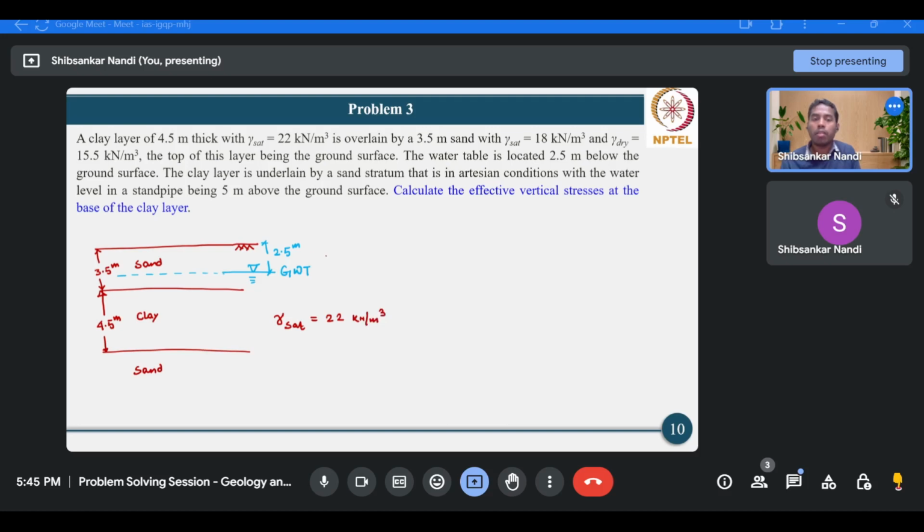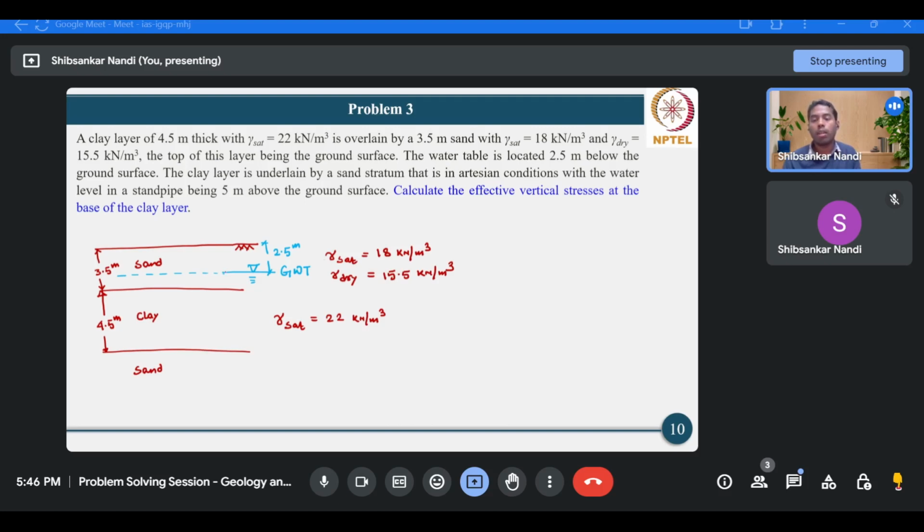For sand, the saturated unit weight is given as 18 kilonewton per meter cube, and the dry unit weight is given as 15.5 kilonewton per meter cube. Okay, so the dry value is given for this portion, the sand above the water table. Okay, and below the water table, we'll use the saturated unit weight.